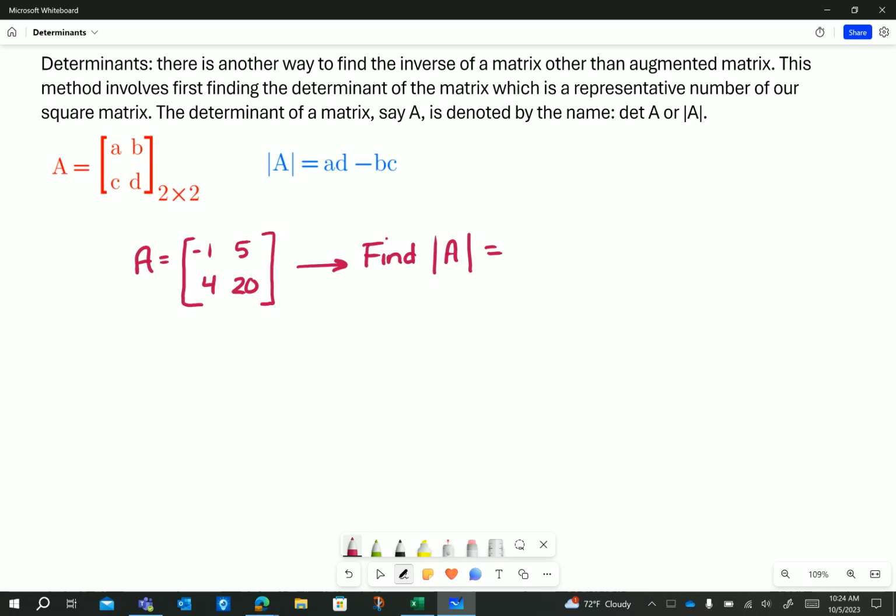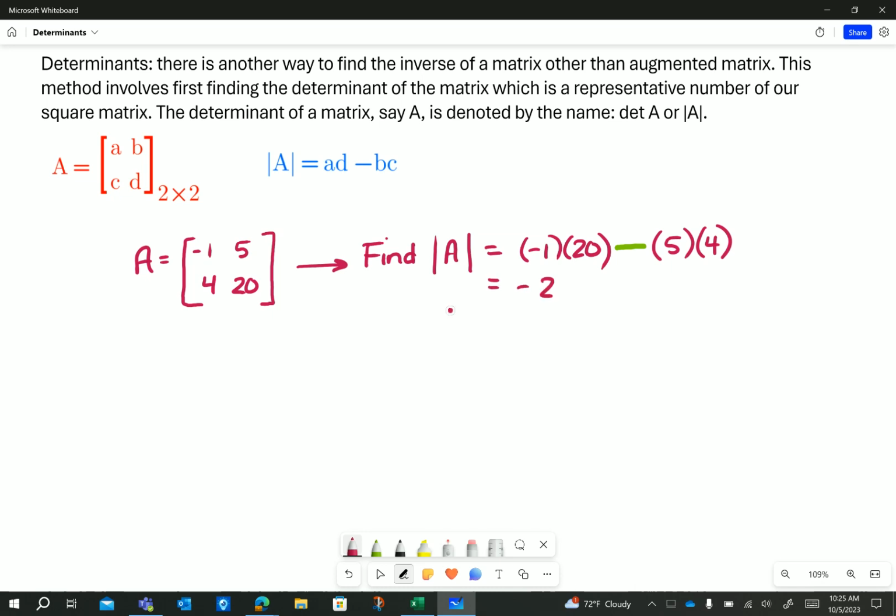All you're going to do, again, is take the multiplication of that diagonal first, and order does matter. So start with the upper left-hand corner element: -1 times the 20, and then you will always subtract the multiplication of the other side, 5 times 4.